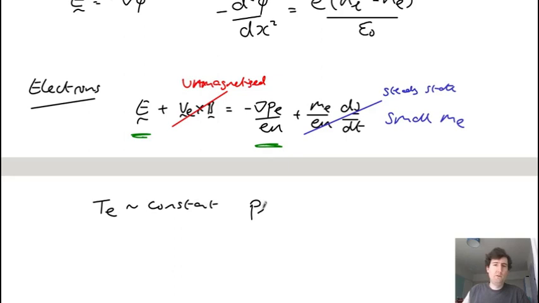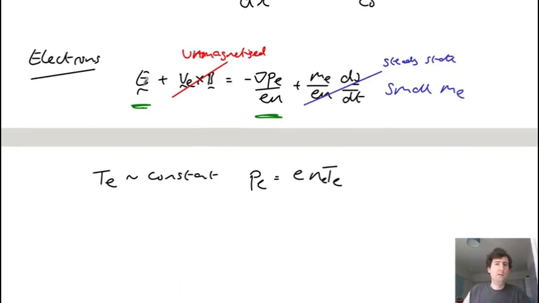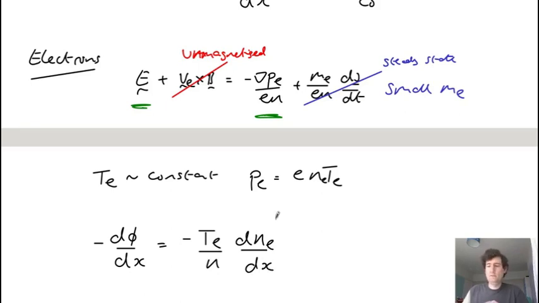And so the electron pressure, which is just Ne times Te, we can just take the temperature outside the gradient, and remember E is just minus grad phi, so minus d phi by dx from the electric field equals, here we just take the Te outside, so we have a minus Te over Ne, and then just left with dNe by dx on this side.